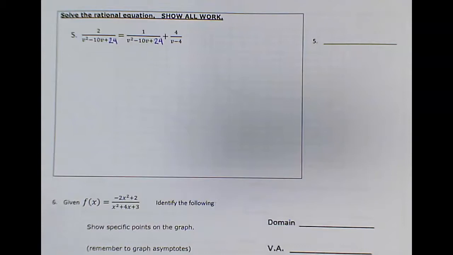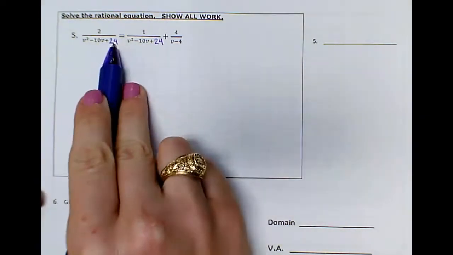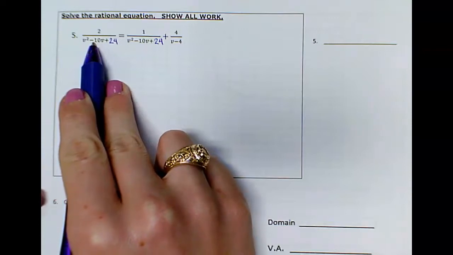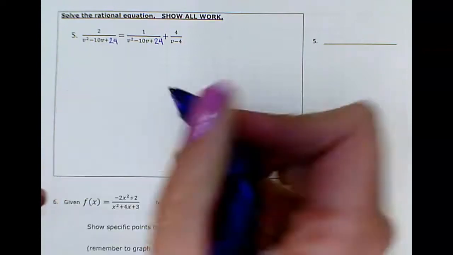So, I'm going to factor all of the denominators. Remember, this is an older topic, so our goal, in order to solve, is to cancel out all of the fractions. So we're going to find the LCD, and then we're going to multiply every term by the LCD. So here, two numbers that multiply to be 24 and add to be negative 10 would be 4 and 6, but they both need to be negative.